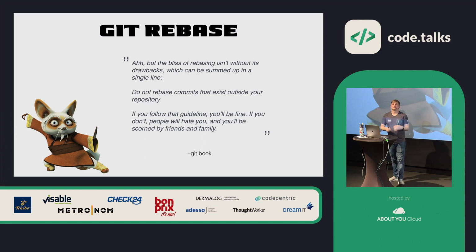Like I said, please try to avoid rebasing stuff that's living outside of your repository. But like the Git book is telling us, if you don't do that, you will be scorned by friends and family. Yeah. So most of the time, coworkers come after you with pitchforks and chase you through the office.